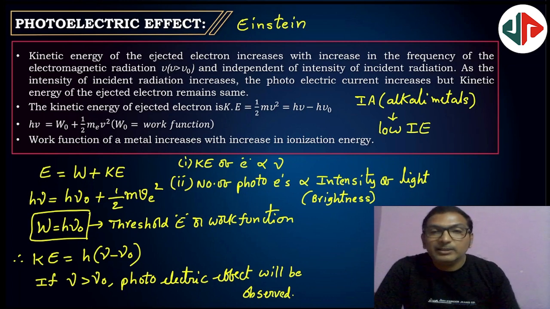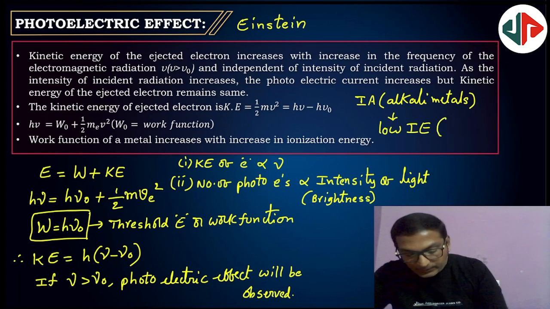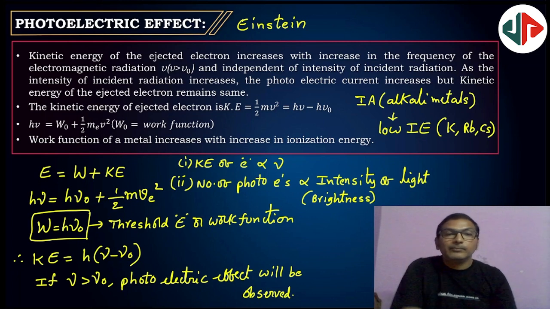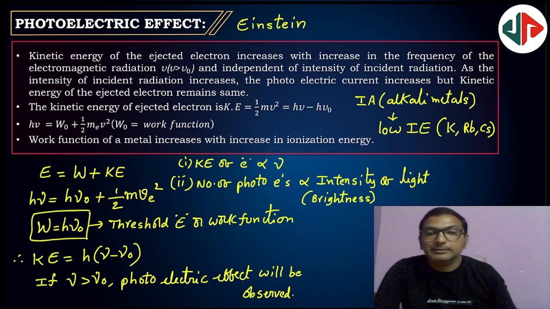Due to low ionization energy values, they can lose electrons more easily. Therefore, photoelectrons will be ejected from the metal surface. In first A group, the more frequently used metals are potassium, rubidium and cesium. So these are important points about the photoelectric effect.